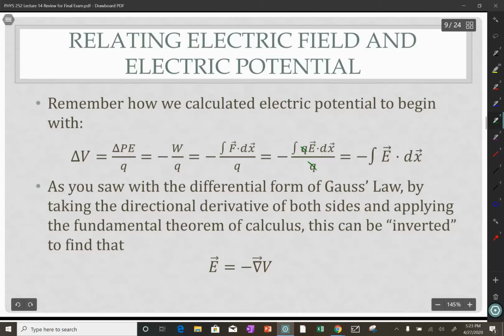And so we can calculate the voltage from the electric field, or if we take the gradient of both sides, it turns out that the electric field is minus the gradient of the voltage, right? Directional derivative is the inverse function of the integral of variable dot dx. So this is very useful. If we know the voltage function, we can always find the electric field.